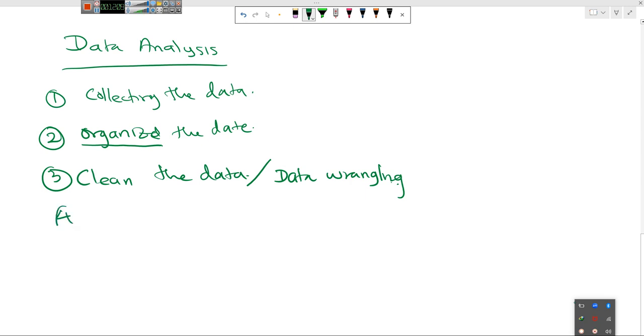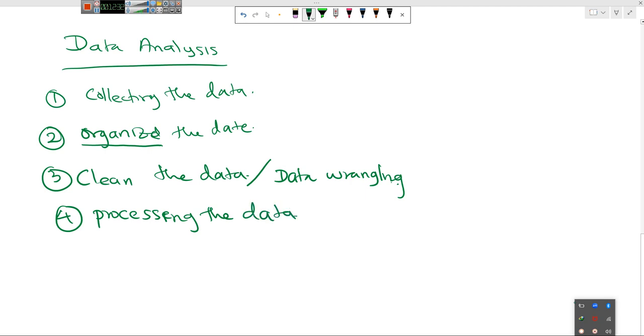Now the fourth one is processing, right? We have to process the data. This is something like cooking the data. This is the procedure in which we apply statistical models and statistical knowledge in order to get some useful information about the data.